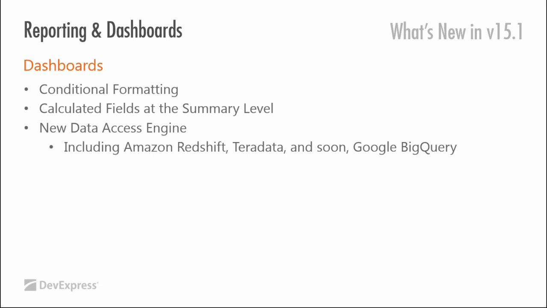It's a way for us to centralize how we present you, the developer, with the ability to select your data from various different sources, I should say. And the interesting thing about the new data access engine is we've included support for Amazon Redshift, Teradata, and soon, and you didn't hear it from me, Google BigQuery.